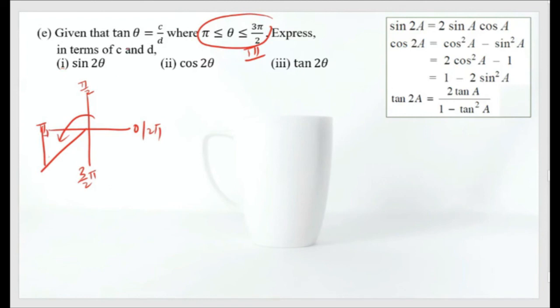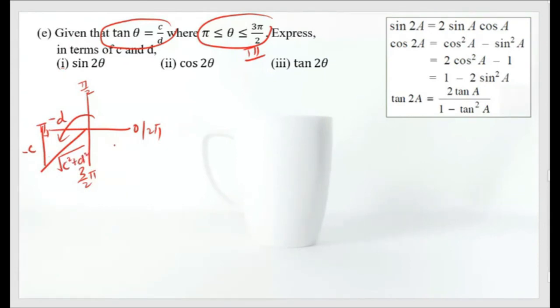Okay, then it gives you tangent theta equal to c over d. Tangent is opposite over adjacent, c over d. And c here, positive or negative? Negative c, negative d. You know why? Because going down is negative, then going to the left is also negative. But for the Pythagoras triangle, it will be positive. The hypotenuse here is square root of c squared plus d squared.